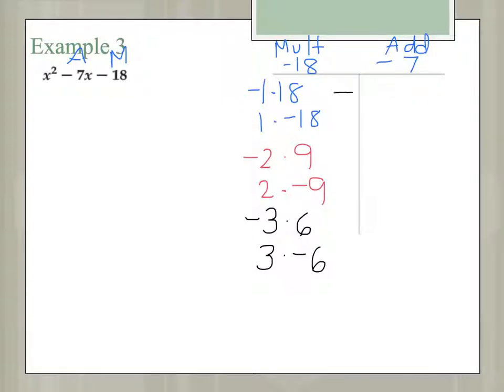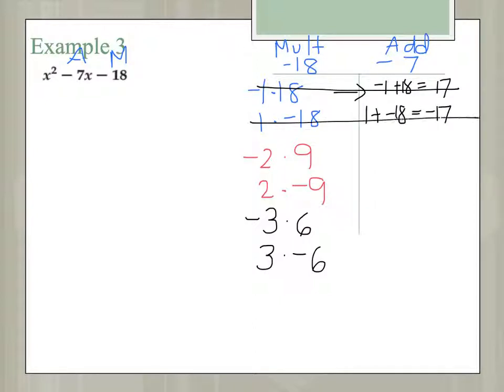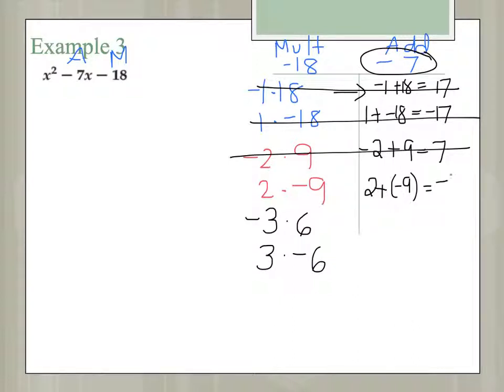Now I'm going to take the two numbers and add them. Negative 1 plus 18 equals 17. Don't want that. 1 plus negative 18 is equal to negative 17. Don't want that either. Negative 2 plus 9 equals 7. I'm getting closer, but I want negative 7, so let's cross that out. 2 plus negative 9 actually does equal negative 7.